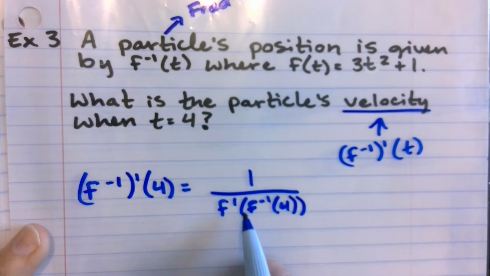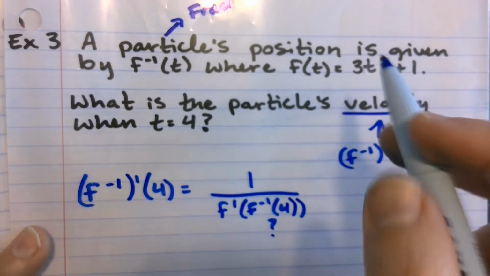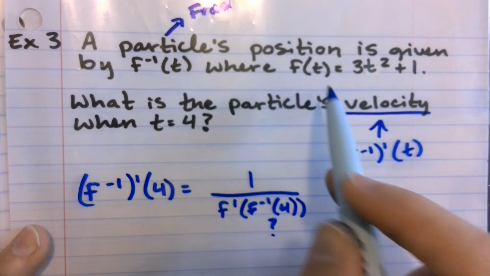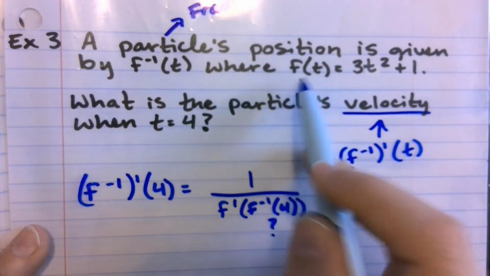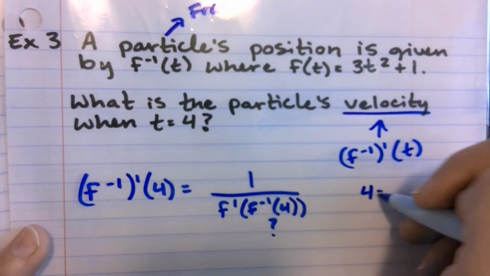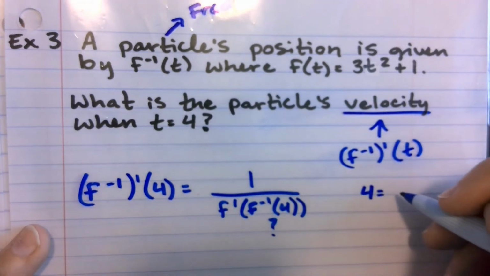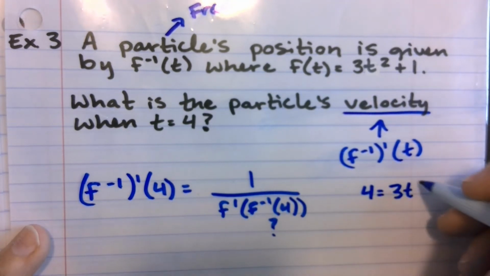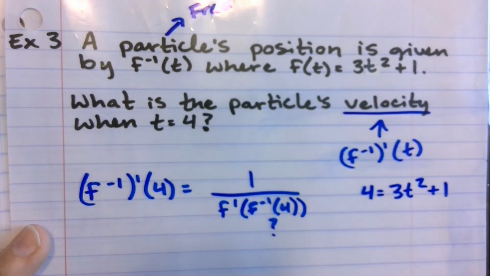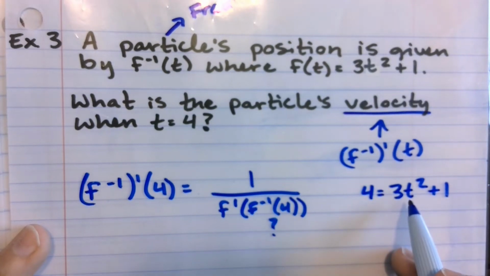And then how are we going to find f inverse of 4? In order to find f inverse of 4, we're plugging in our 4 for f of t, because that would be like the y value in f of t, and then solving for our t value. That's going to tell us what time this is happening at.